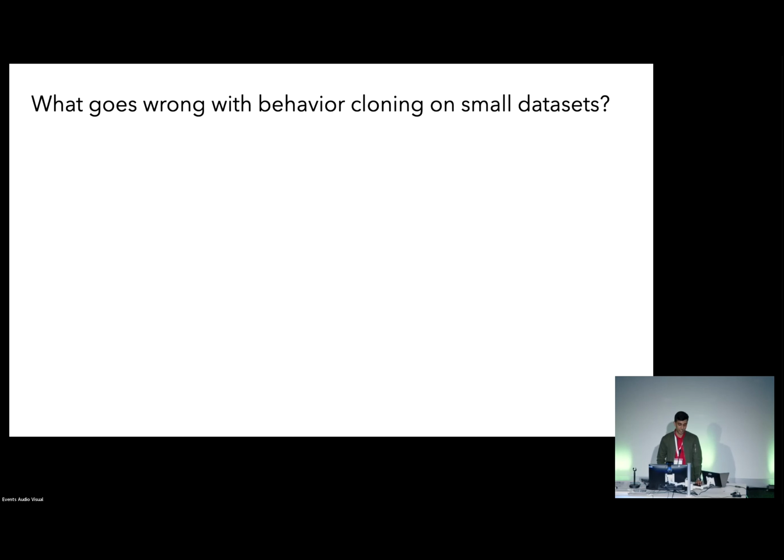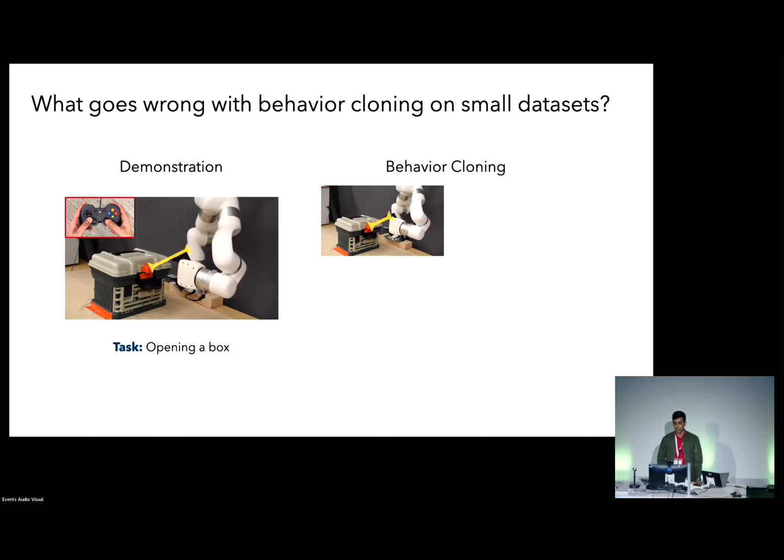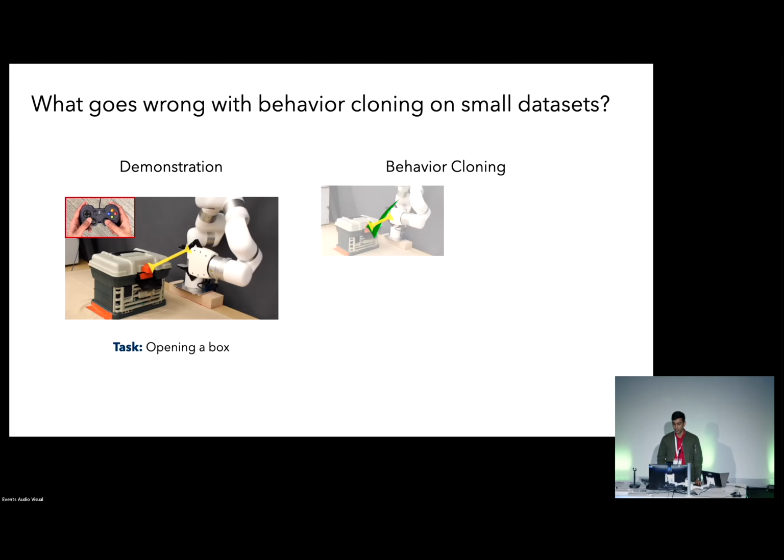And since we want to minimize the amount of time required to teach these skills, let's look at what happens when you do behavior cloning on small data sets. Consider the task of opening a box. Here we provide a single expert demonstration with a joystick and train a behavior cloning policy on this. We observe that when starting from the same initialization as the demonstration, behavior cloning succeeds at completing the task.